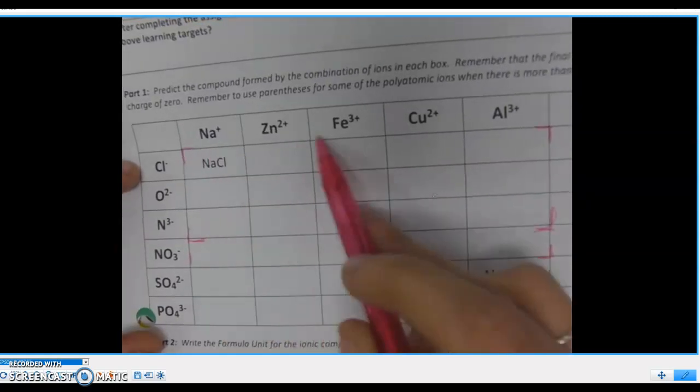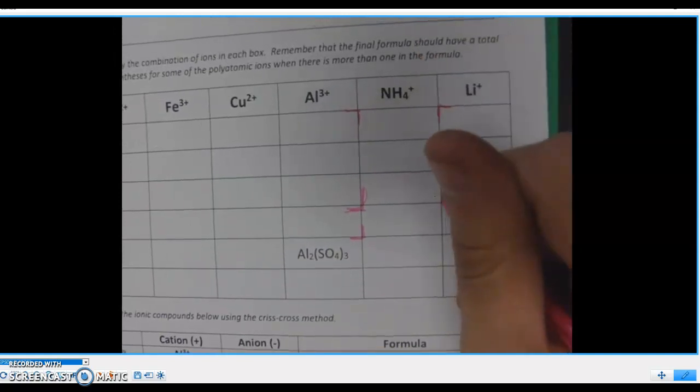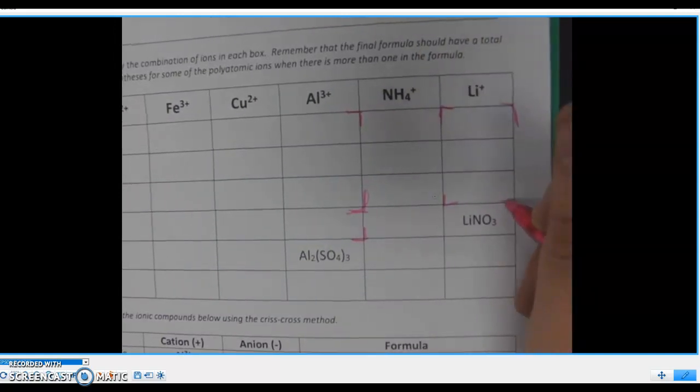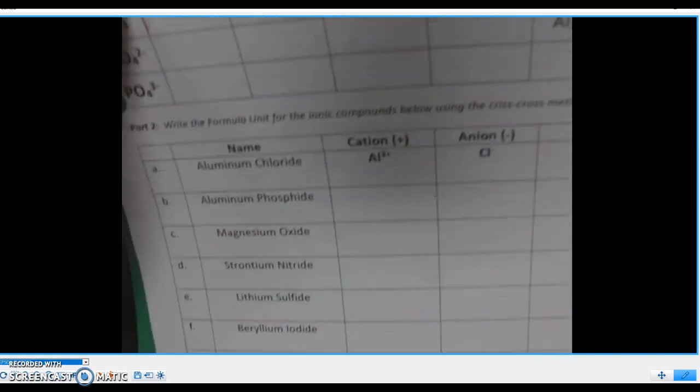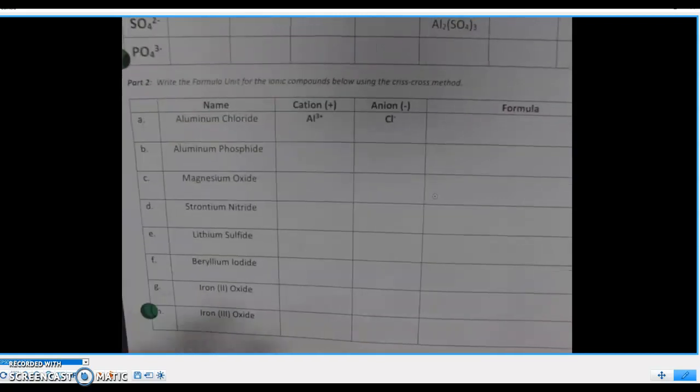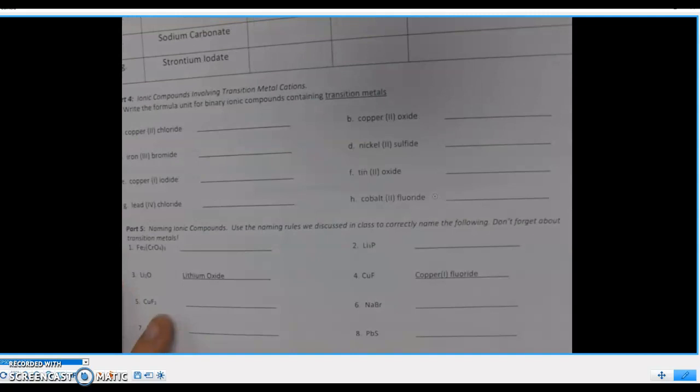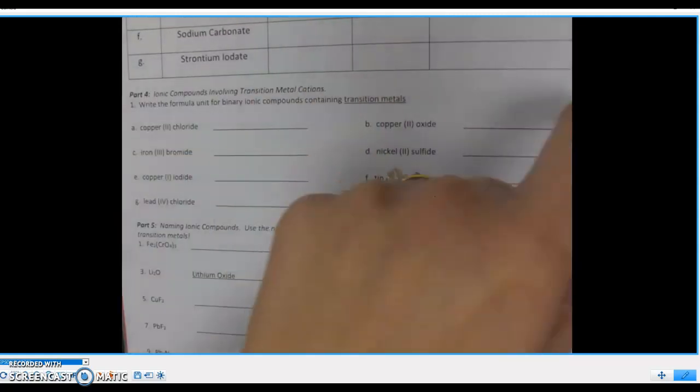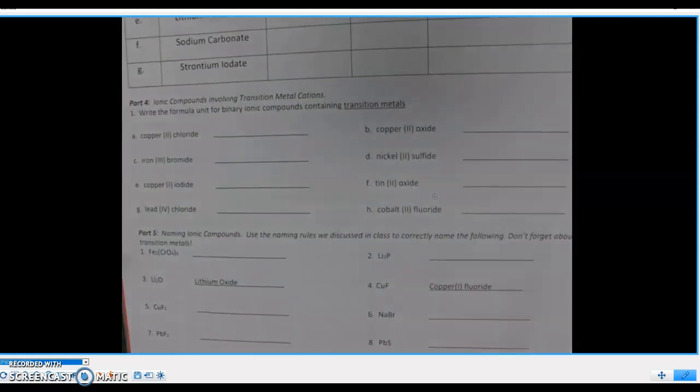We completed those and filled those in, and then also these ones. And then we were able to complete this entire table. And then the last thing we did was this last middle section of the assignment there. So that's what you need to have completed before next class.